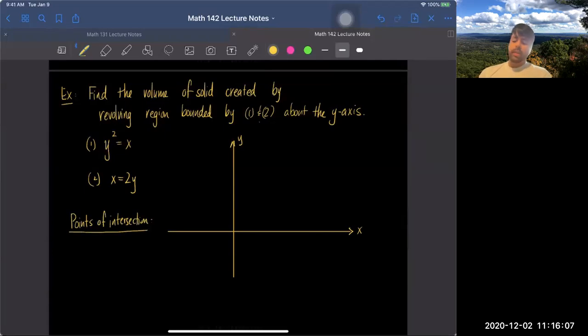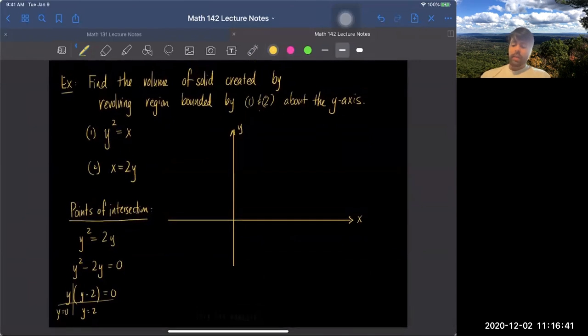I've got y squared equals x, and x equals 2y. I can set these x's equal to one another, which means y squared has to equal 2y. Solving, I get y squared minus 2y equals 0. Factor it, I get y times y minus 2 equals 0, so y equals 0 and y equals 2.